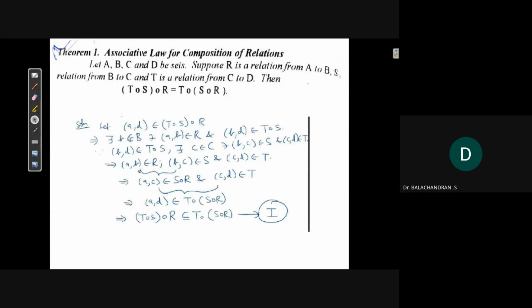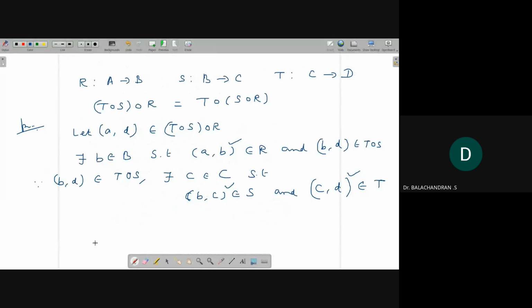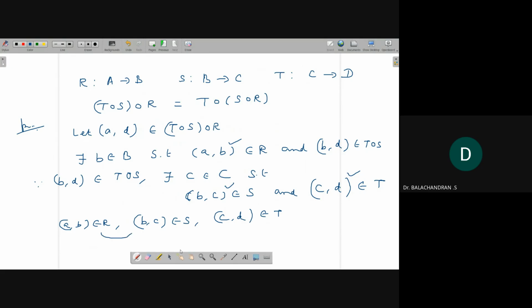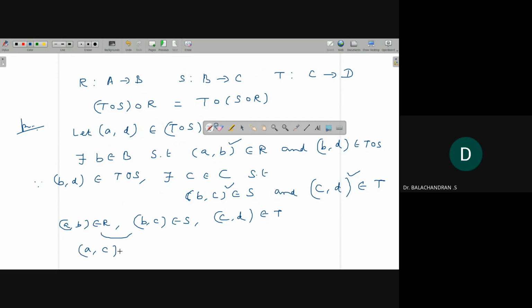T. So (A, B) in R, (B, C) is in S, (C, D) in what? T. So now I'll write, okay, (A, B) in R, (B, C) is in S, (C, D) in T. So now from these two you have (A, C) is an element of what?